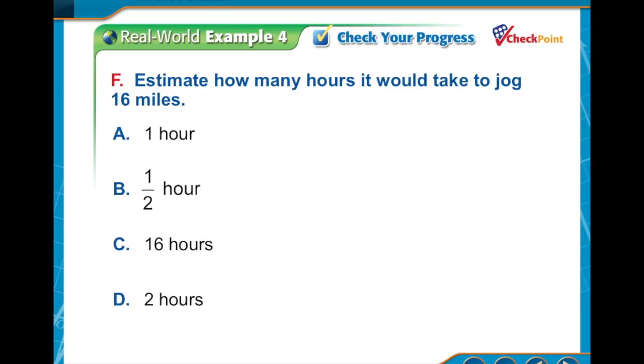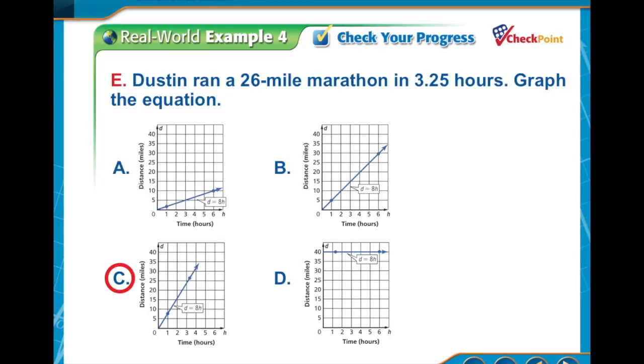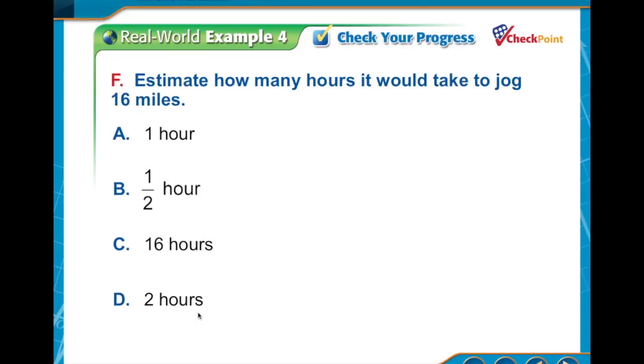So based on the equation we already talked about from the previous problem, we want to know how many hours would it take to jog 16 miles. So our equation is D equals 8H. So let's bring that over as information to make this possible for us to solve. Distance is equal to 8 times the number of hours.